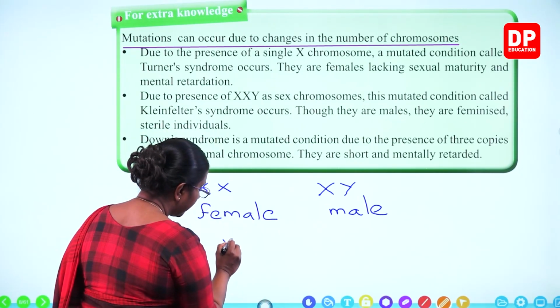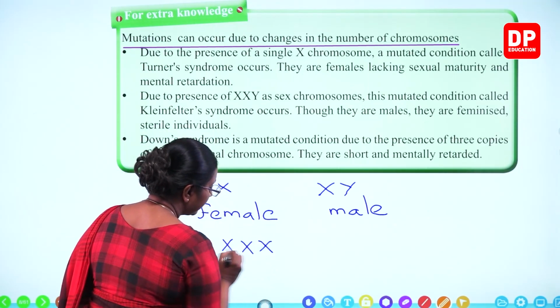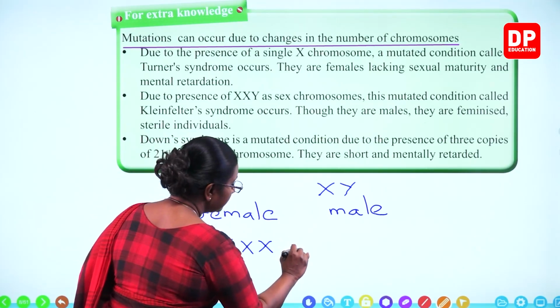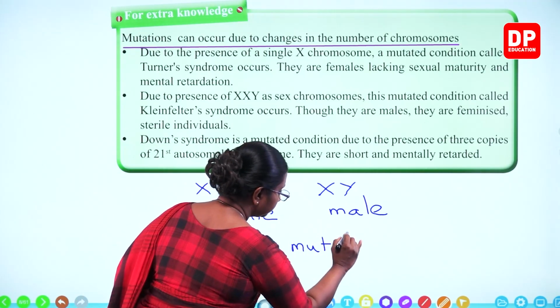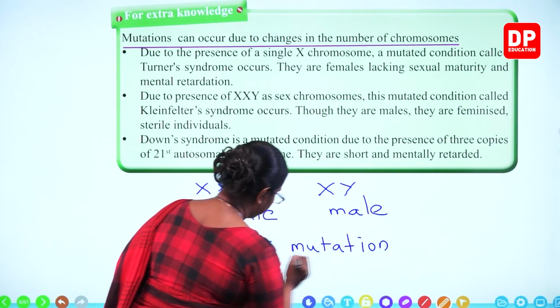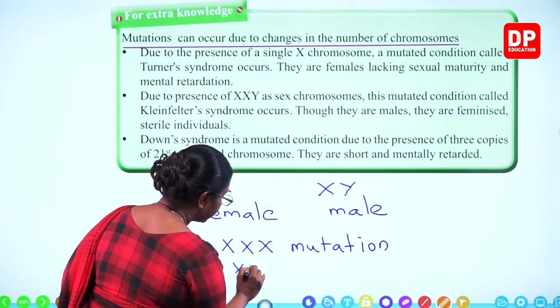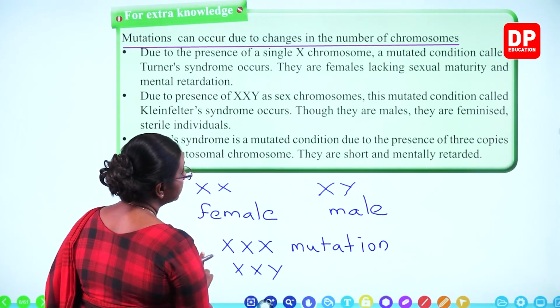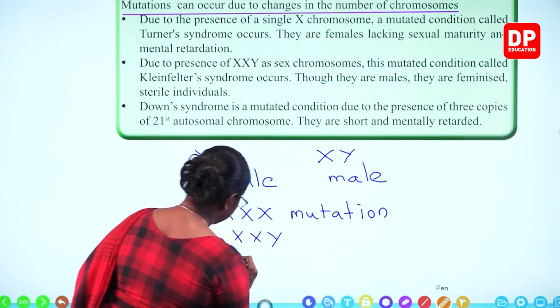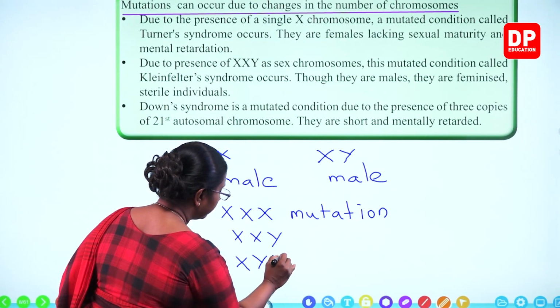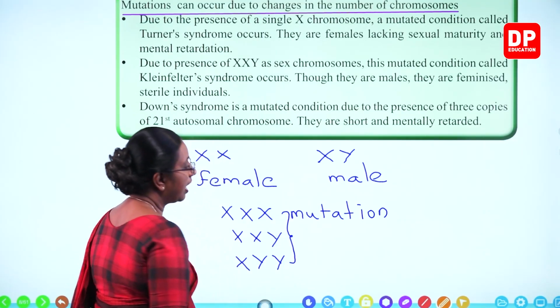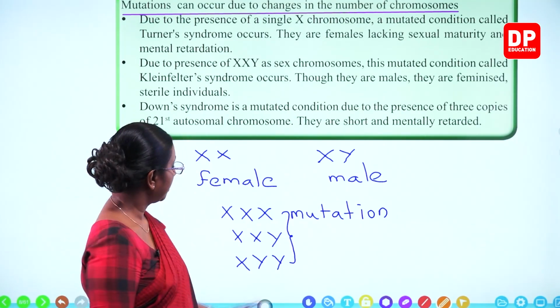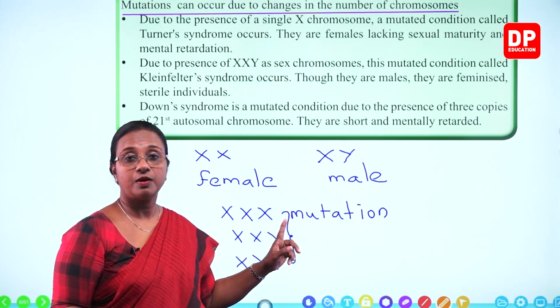So, for example, if you have XXX, this is a mutation. Or you can have XXY. Another possibility is XYY. All these are mutations. Now, there is an additional chromosome.